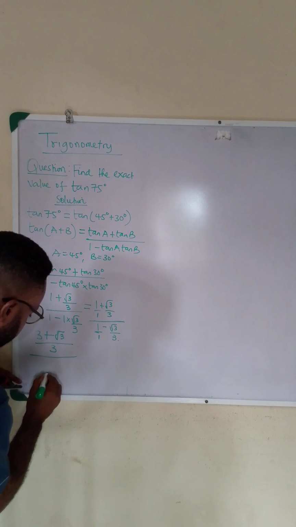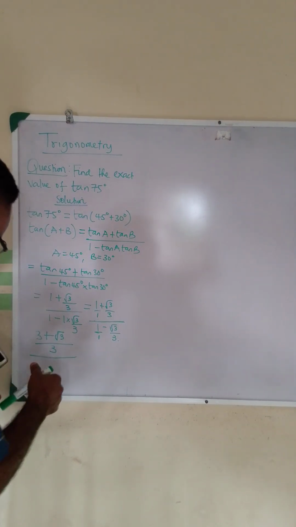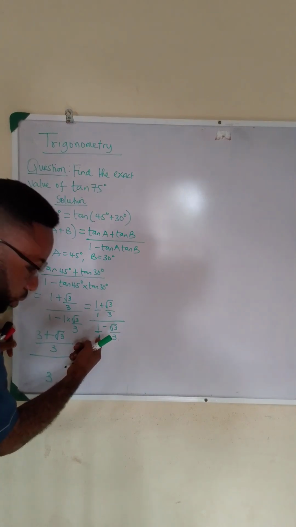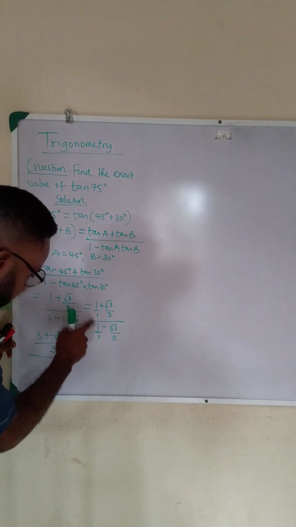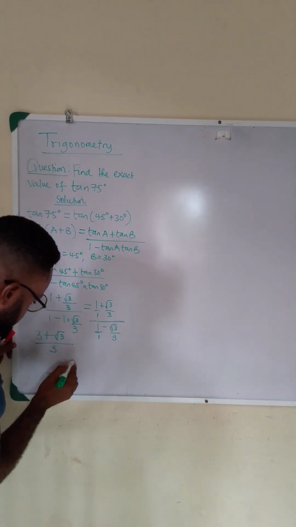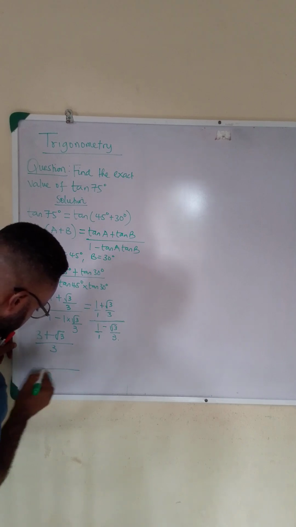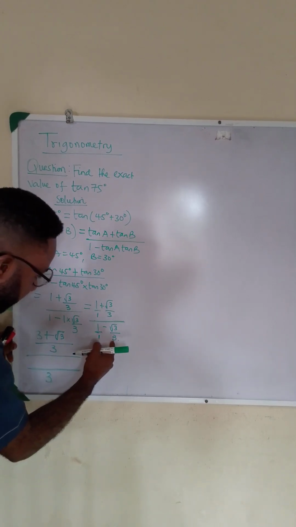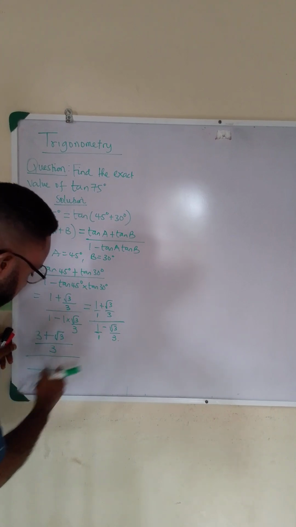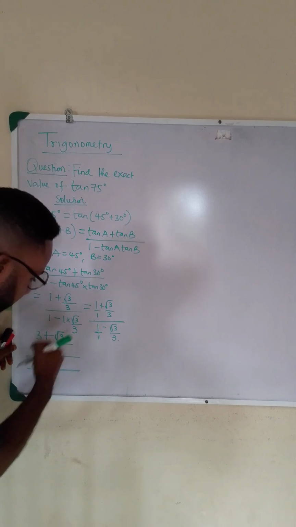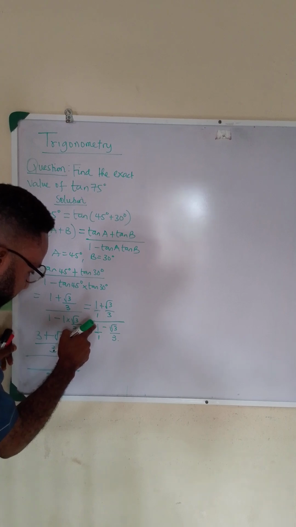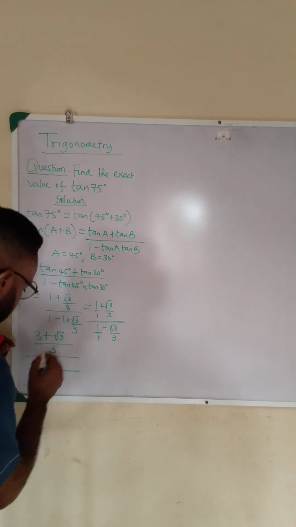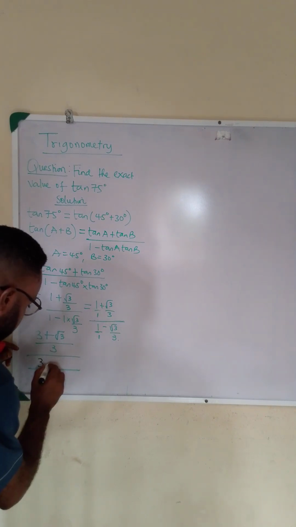So we write out the 3. 3 divided by this one will be 3, and 3 times 1 here will give us 3, and there is a minus, so we have minus.